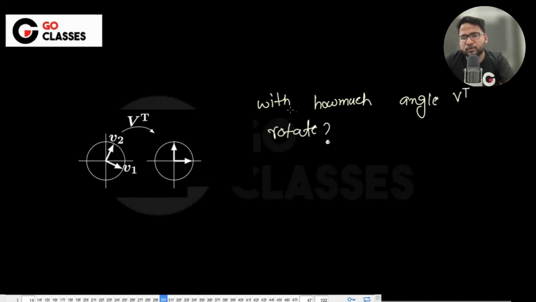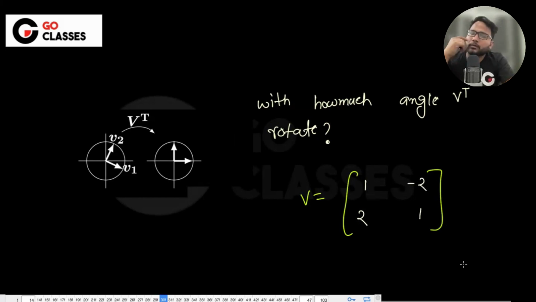Or maybe V transpose rotate. Let's suppose V is an orthonormal matrix, maybe 1 2 -2 and 1. Suppose this is V, with how much angle do you think it might be rotating? Can you find out the way to calculate how to get to know that V is rotating with this much angle?